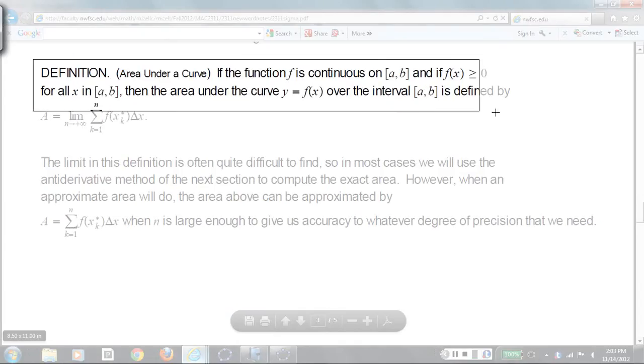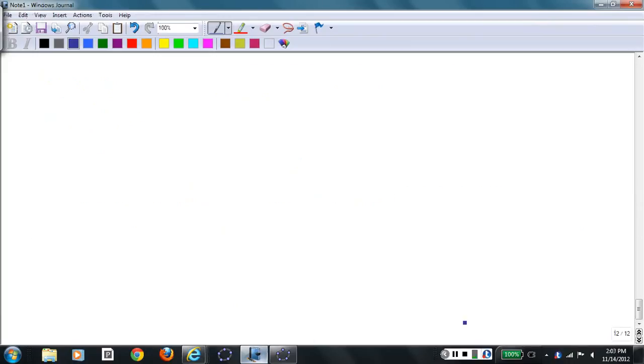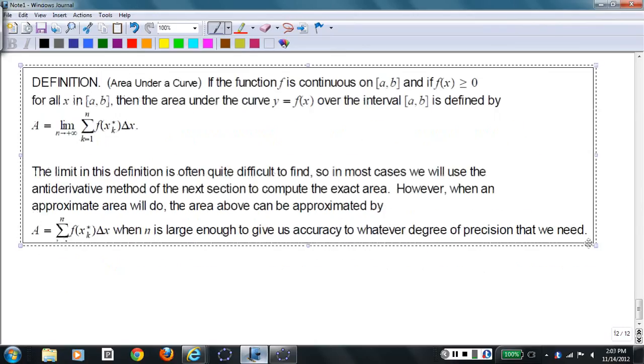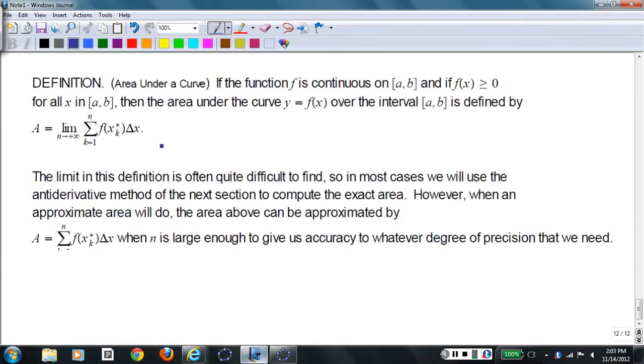We're going to define the area under the curve as the limit of this expression that we just wrote down there as n approaches positive infinity. Basically, take the limit as n approaches infinity, and that's going to be the area. So we would choose n large enough to give us the amount of precision that we're looking for.